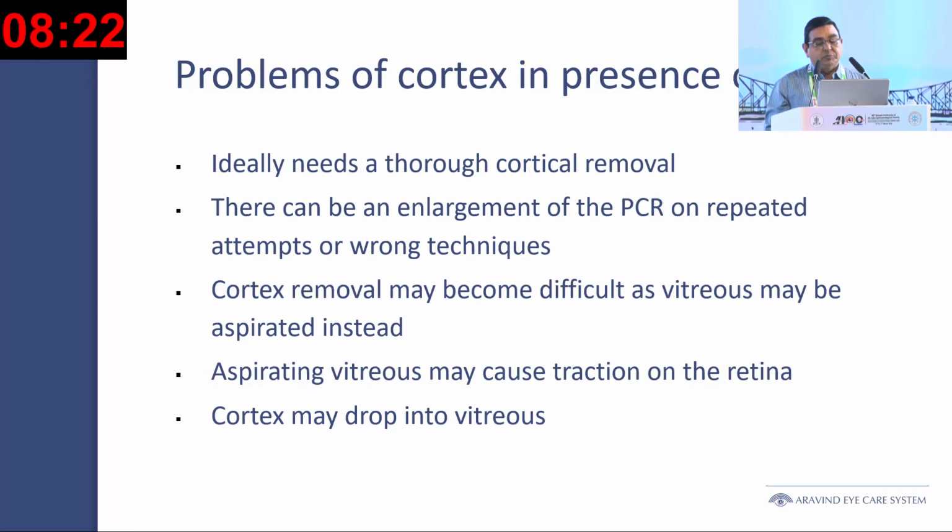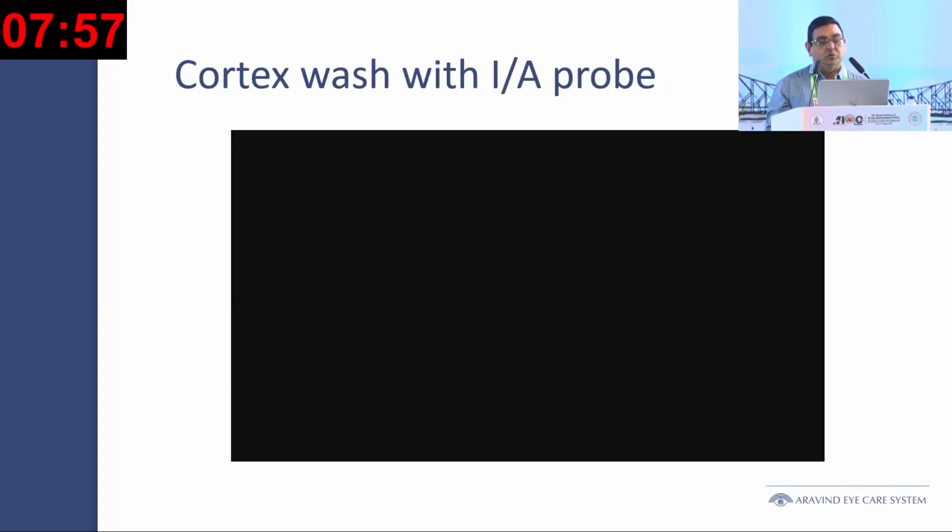Cortex removal may become more difficult when vitreous presents, and instead vitreous may be aspirated. This in turn causes traction on the retina, which can lead to immediate or even late post-operative complications. And during this process, the cortex may drop into the vitreous. So we look at some videos where we will see some of the principles of cortical wash.